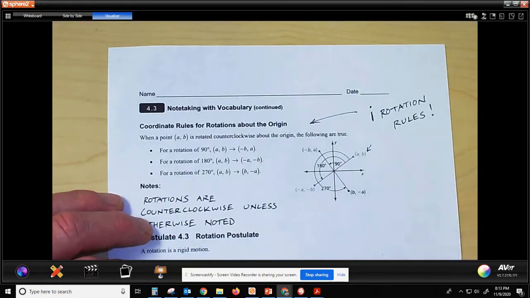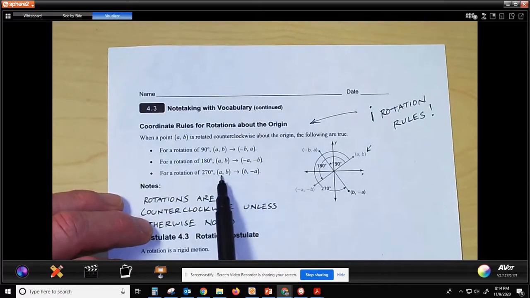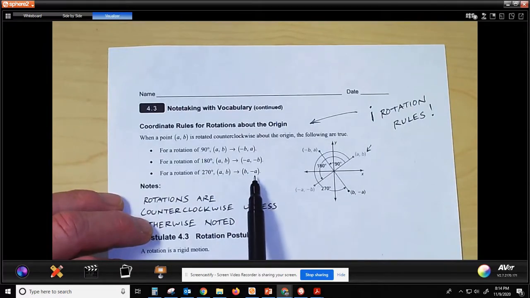And a 270-degree rotation, 3/4 of the way around a circle, flips the positions of your original coordinates and changes what was the X, it changes its sign.